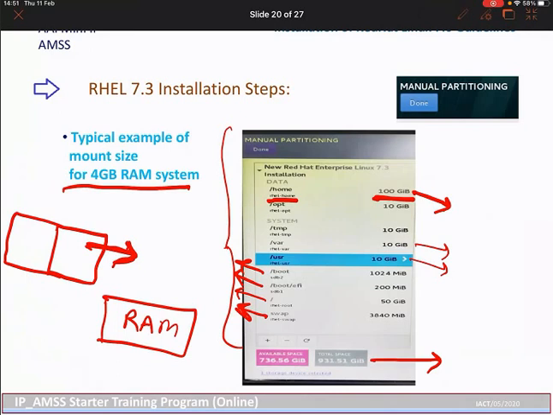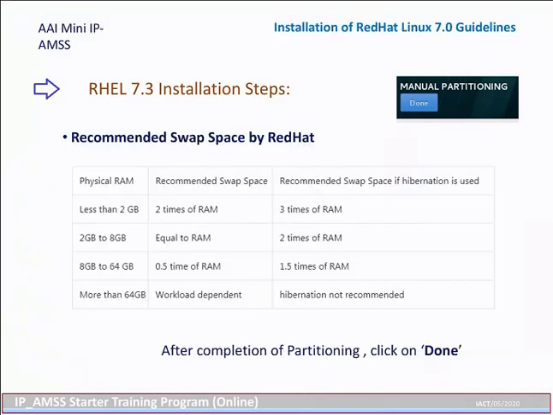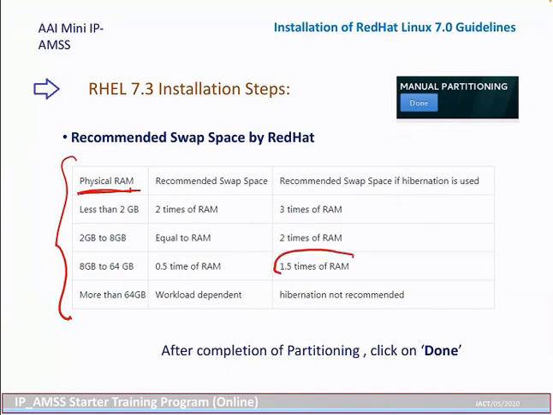This will be generated automatically by the system, you need not worry. But still, this is a reference chart: according to whatever RAM size you have, it shows the recommended swap space. For example, if you have a 4 GB RAM, then the recommended swap space is 4 GB itself.